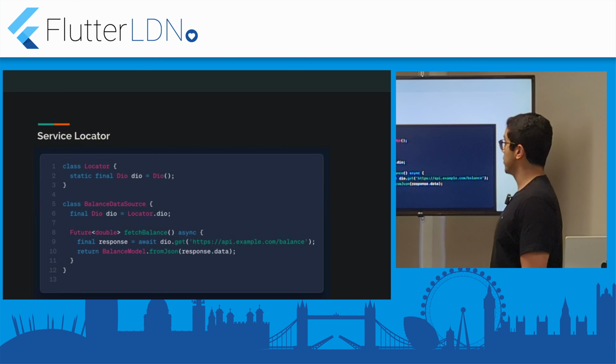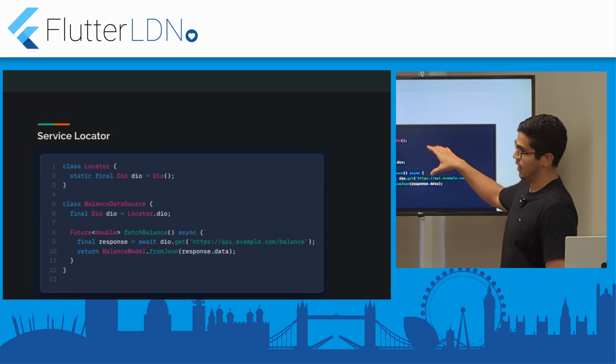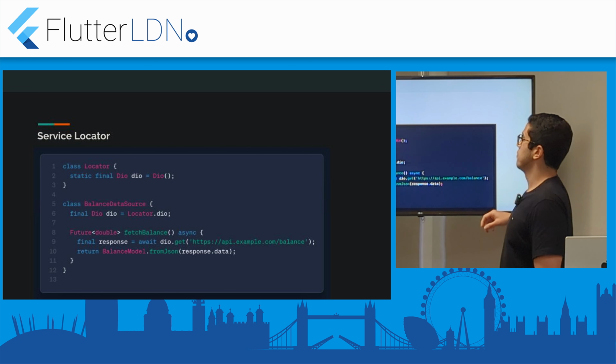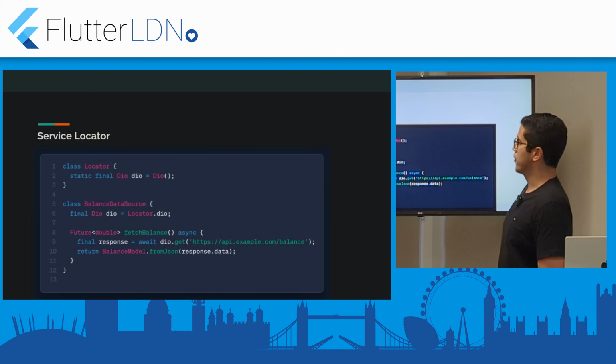We also have another way to provide dependencies to our classes and our app: the service locator pattern. In this case, instead of having it injected through the constructor, we have a registry, which we are calling locator here. Our registry holds our dependencies. In our case, it holds Dio. What we do is get this dependency from the locator. That's how service locator works.